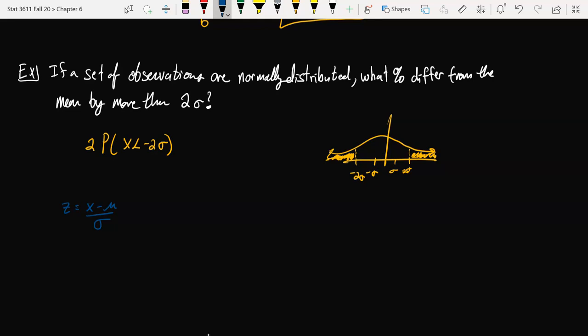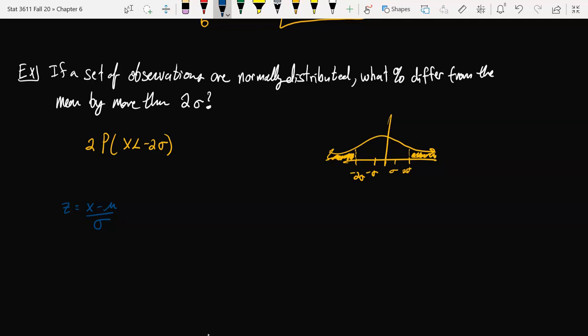Okay. Set of observations is normally distributed. What percentage differ from the mean by more than 2 sigma? Does it really matter what the distribution of x is? Well, you've got to be careful with this here.